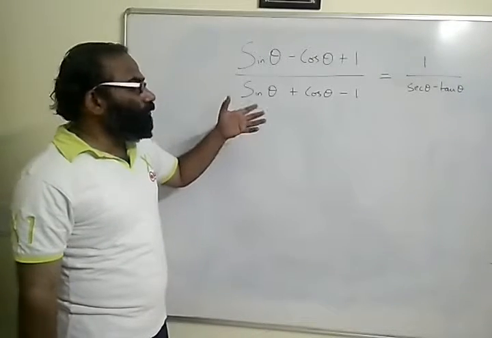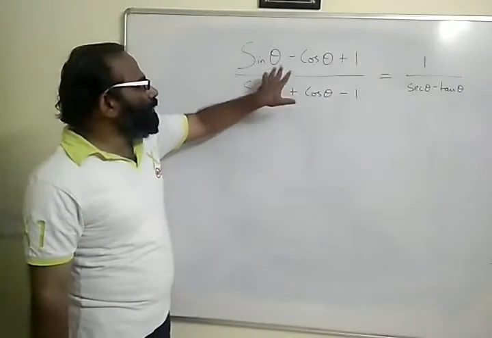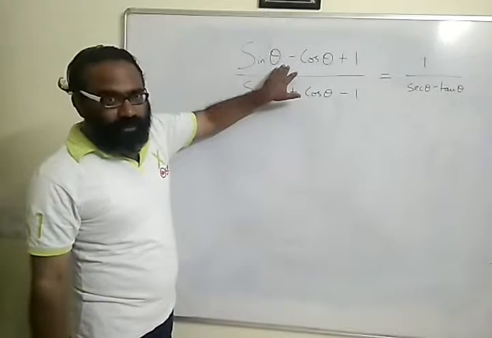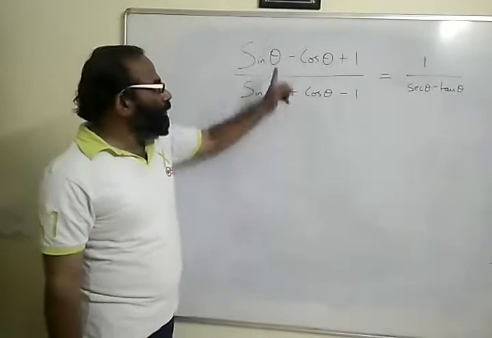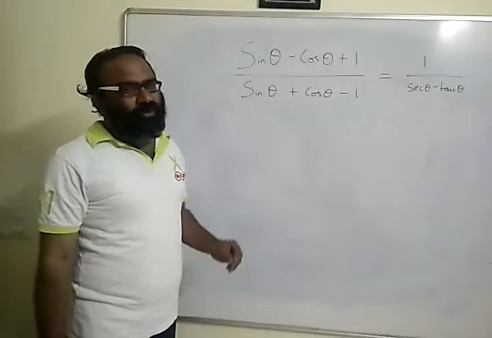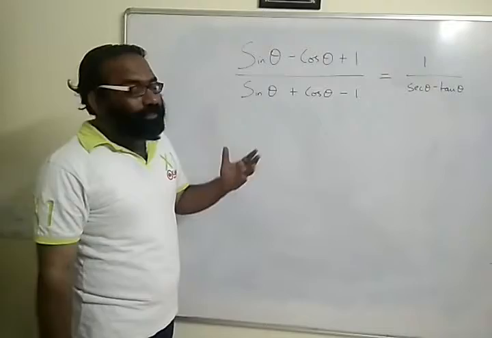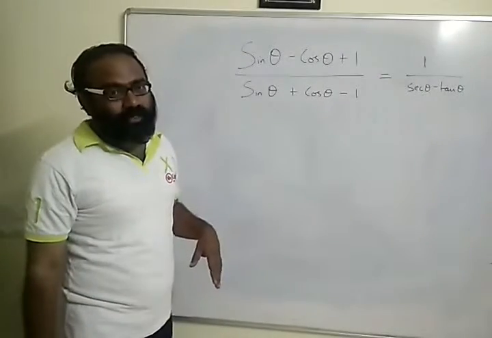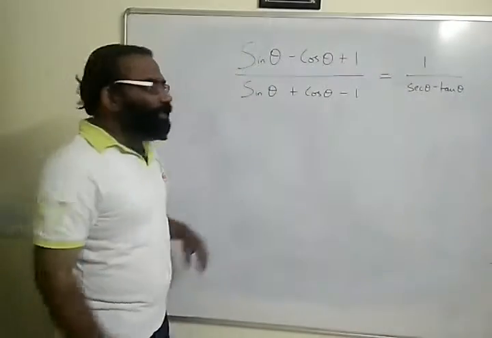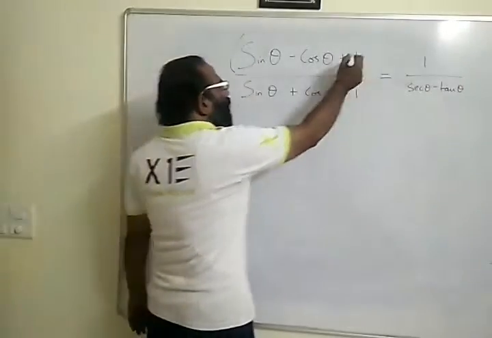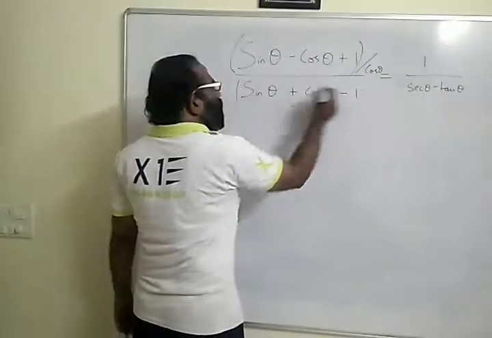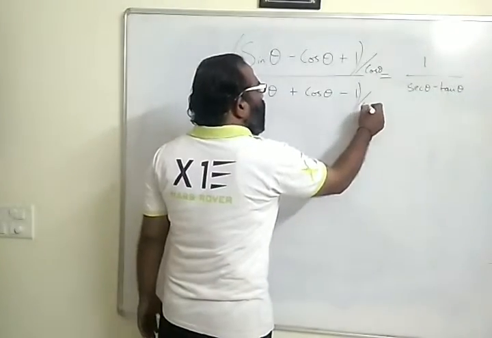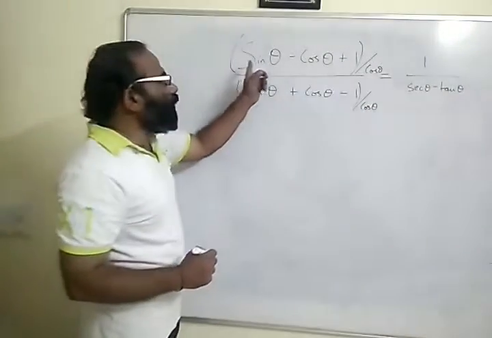So in this one, how do we normally do this? Let us see if in the numerator there is a negative value. So there is a negative value, and that negative value is cos theta. So usually this works: you would divide the numerator and the denominator by cos theta. On dividing by cos theta, what do you get?